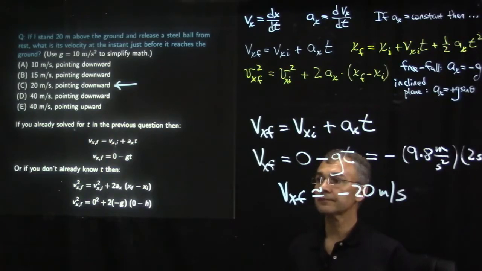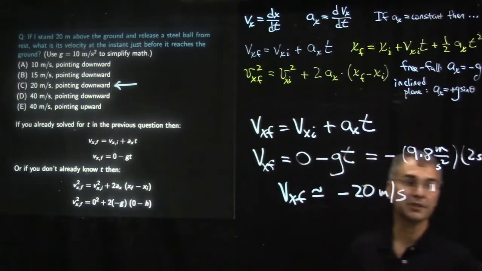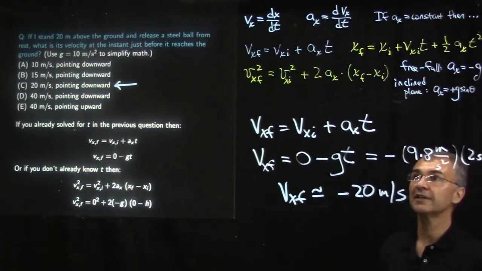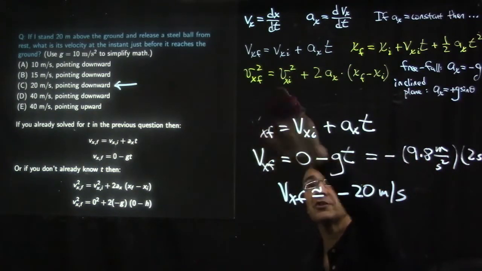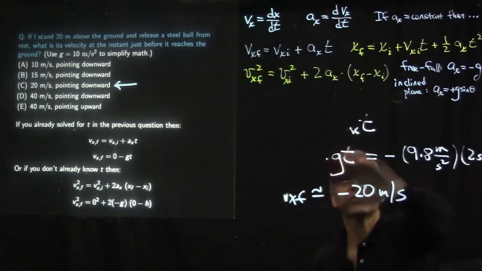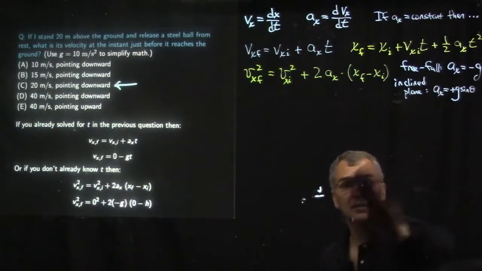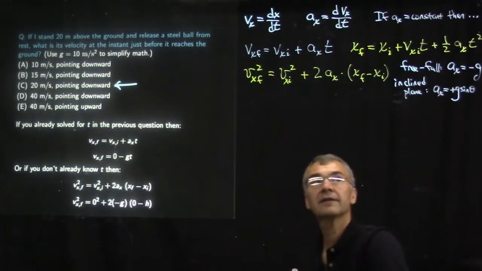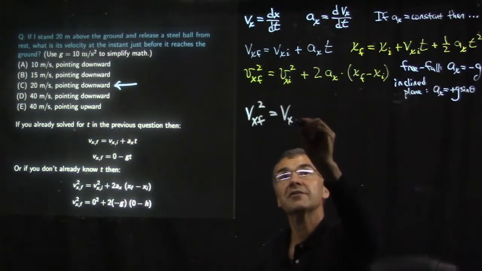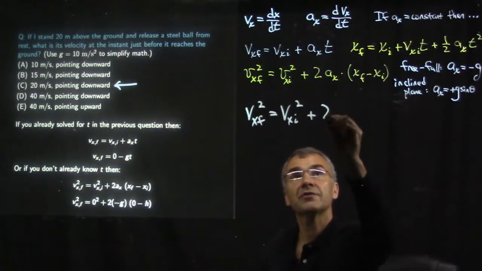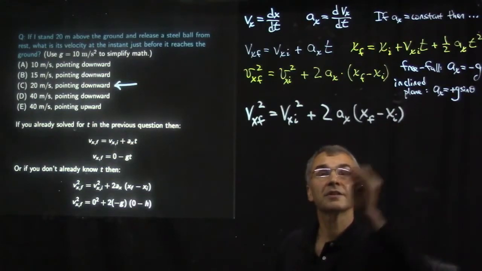Now, you might not have remembered the answer to t from the previous slide. If you don't remember the answer to t, or maybe for whatever reason you didn't work out the time, this is a brand new problem maybe, then we can say Vx final squared equals Vx initial squared plus 2 a sub x, x final minus x initial.